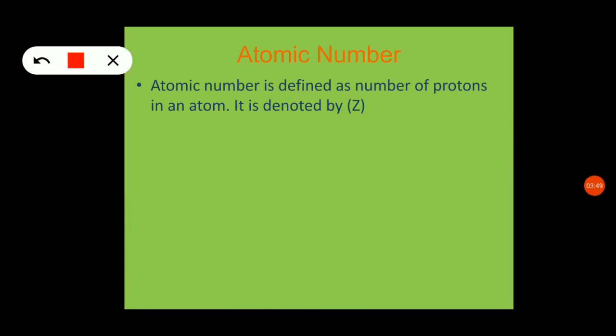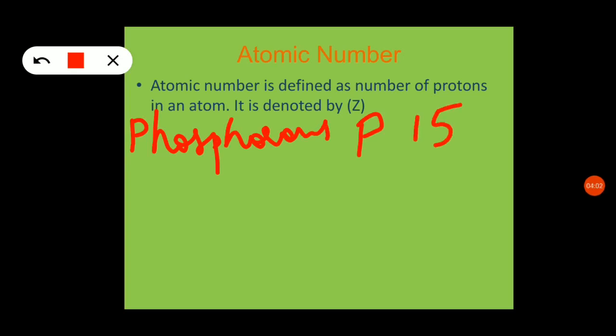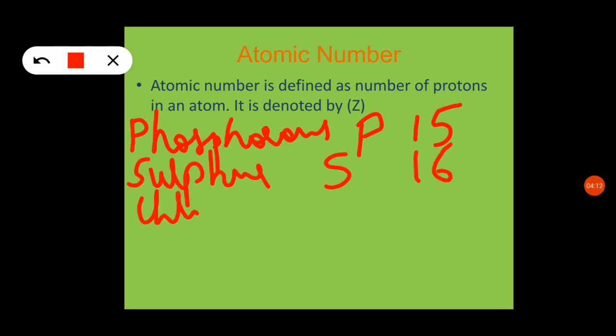Next element is phosphorus. Symbol is P and the atomic number is 15. Next we have sulfur. Symbol is S and the atomic number is 16. Next we have chlorine. Symbol is Cl and the atomic number is 17.